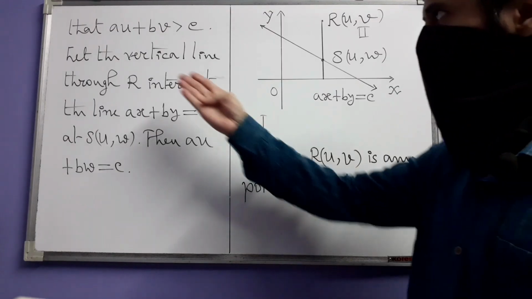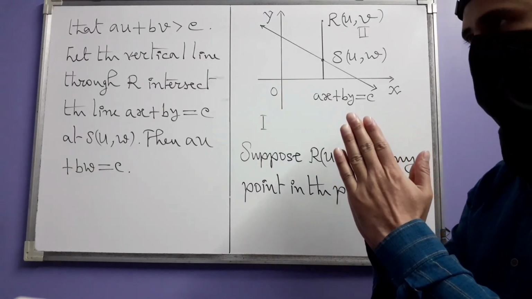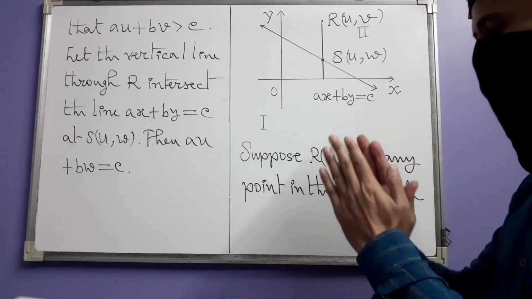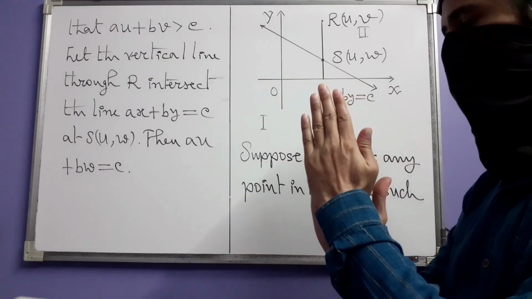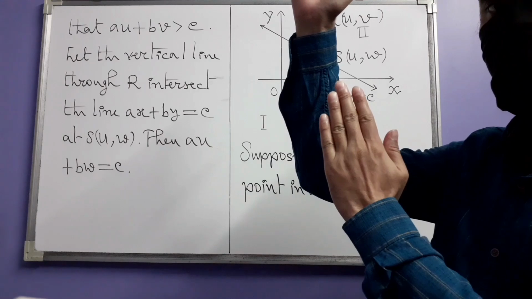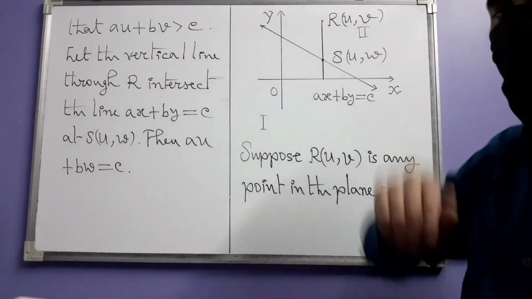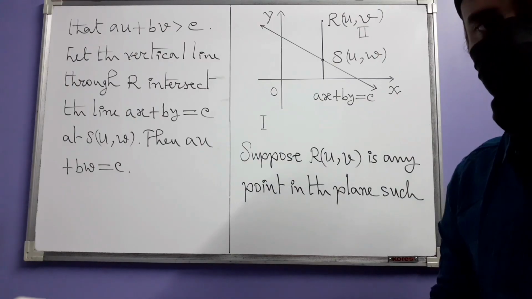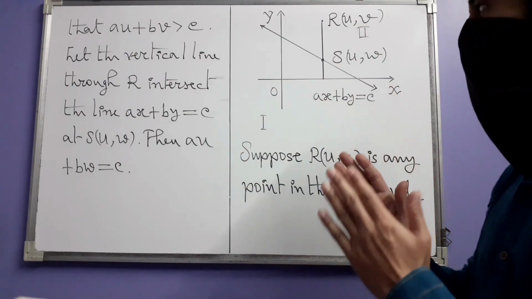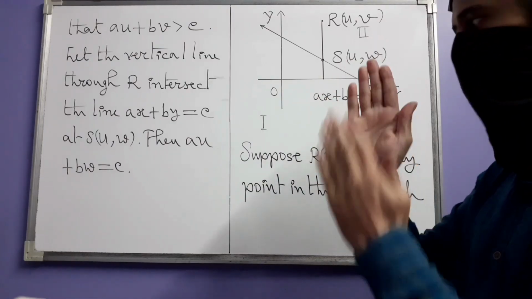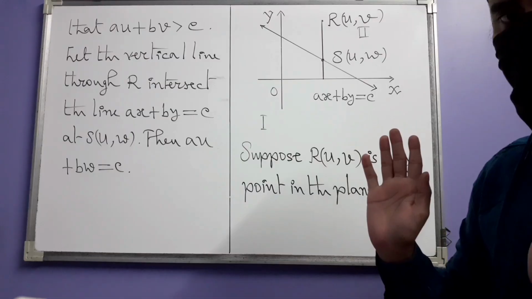And then what we do, we think of a vertical line, rather I should say the vertical line that passes through the point R. Wherever it is in the plane, through it exactly one vertical line will pass, and that vertical line obviously will intersect this line. Why? Because this line itself is not vertical and hence there is no option for it to be parallel to the vertical line that passes through R. So there will be intersection somewhere.